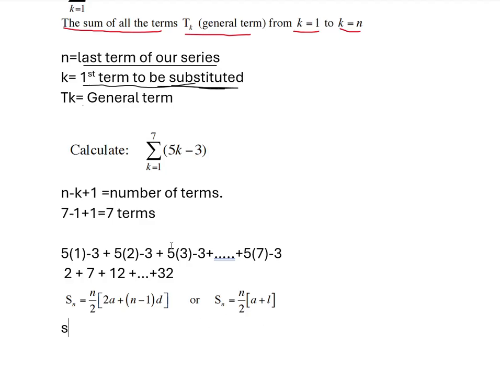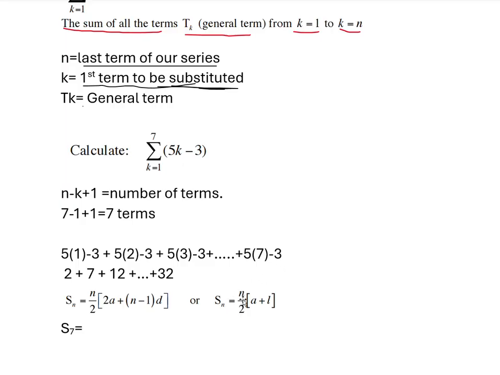We have 7 terms, so S7. S7 is equal to, I'll just use this formula.